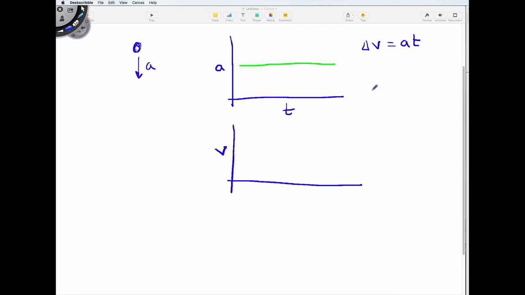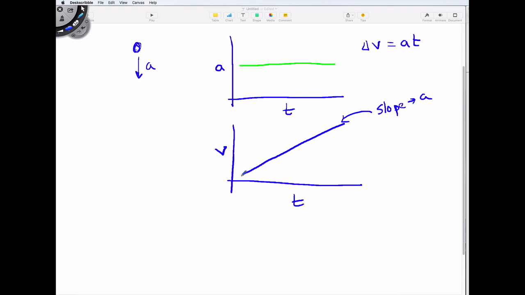So the velocity as a function of time is going to be a line, and the slope of this line, you guessed it, is going to be the acceleration. And so these are related to each other. The slope of the velocity curve is the acceleration.